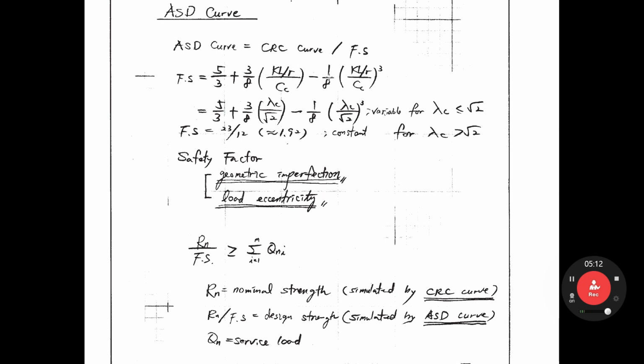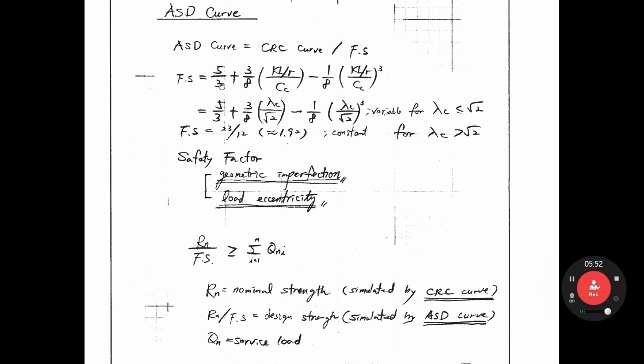So in order to consider geometry imperfection and load eccentricity, when we calculate in the paper, we consider load applied at the center, but the situation is not like that. The load usually has eccentricity. So in order to consider those two factors, this safety factor must be applied to the CRC curve.